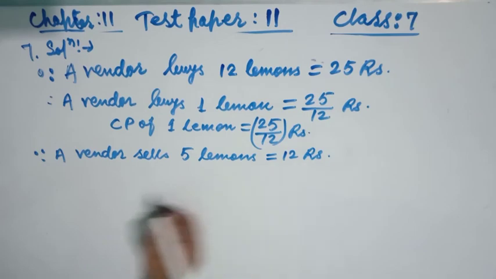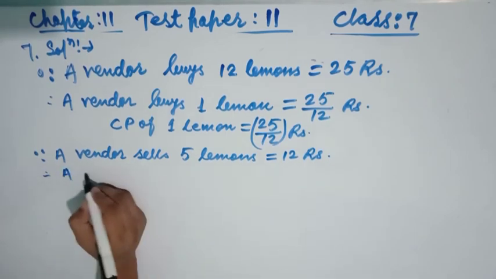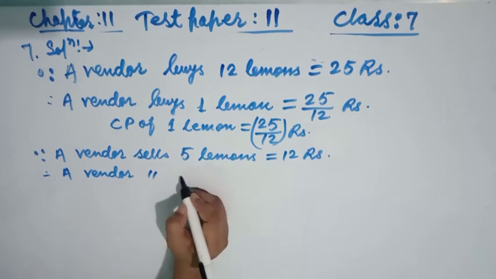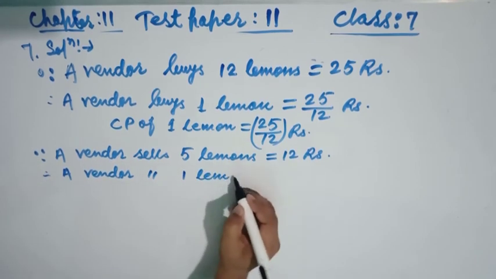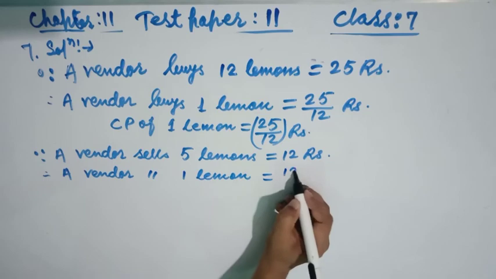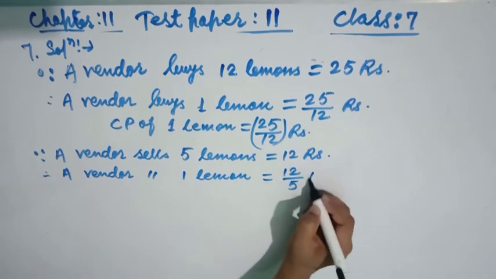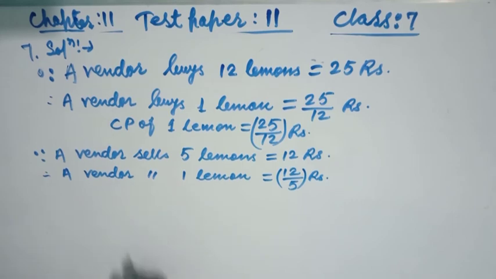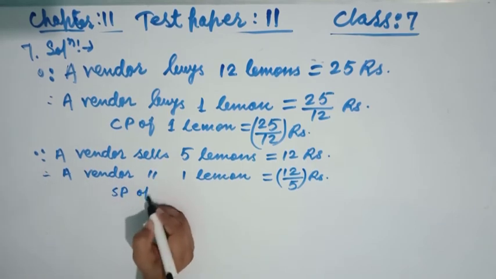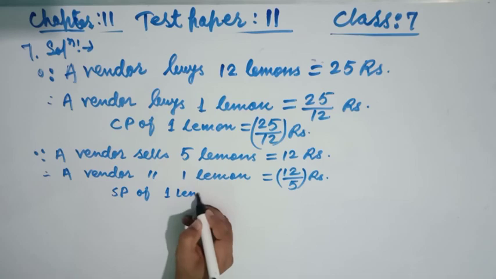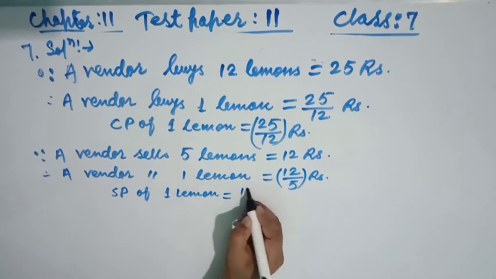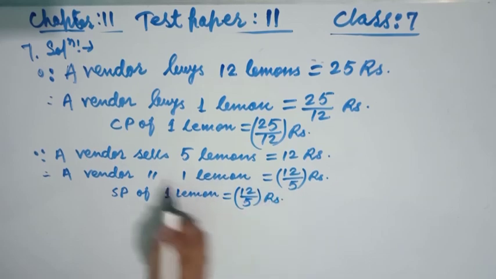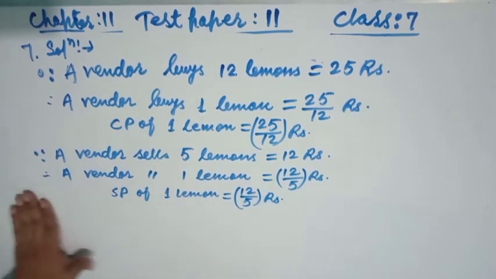Therefore a vendor sells 1 lemon for 12 by 5 rupees. So here, friends, the SP of 1 lemon is 12 by 5, because sell means SP, selling price.